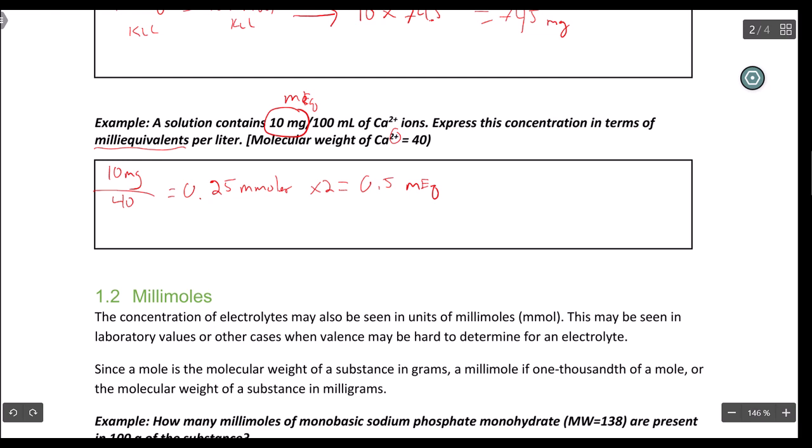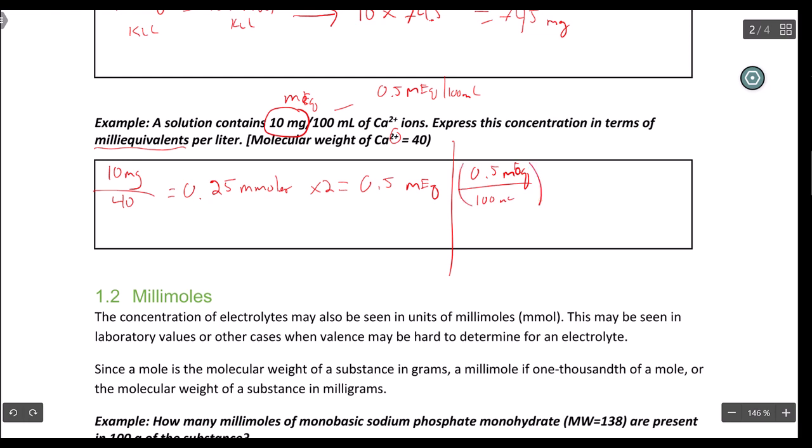Now, it didn't answer my question. I just got step 1. This is now saying that I've got 0.5 MEQs per 100 mLs of this solution, right? What's the milliequivalents per liter? Well, you've got 0.5 MEQs per 100 mLs.